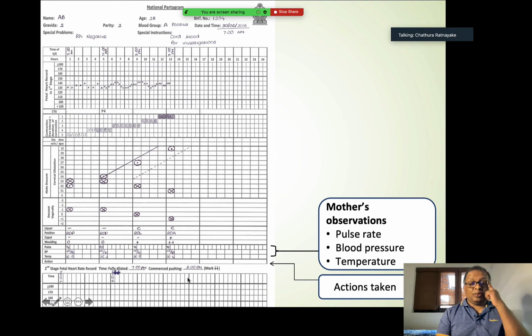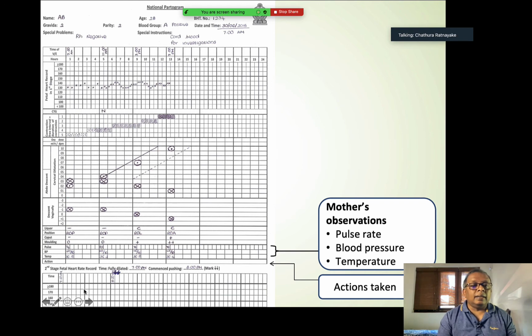But this was devised a little earlier, so it has 2 times. One is the notation of the full dilatation, and then the time which commences, usually about 1 hour afterwards. If the patient is on epidural, it could be even 2 or 3 hours later, depending on the fetal well-being.